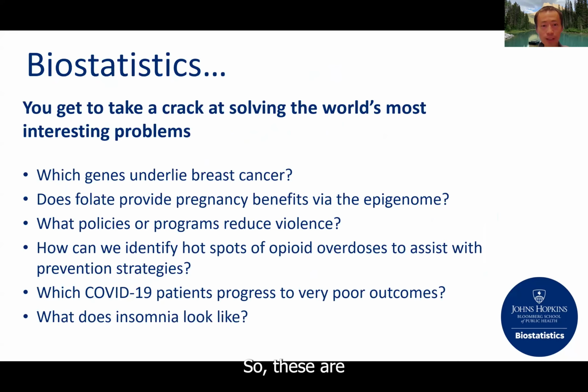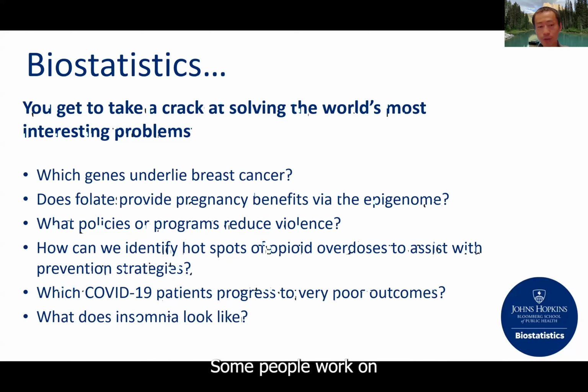Okay, so these are some examples of the problems we are working on in this department. For example, some people work on which genes underlie breast cancer, and how we can treat different tumors. Some people work on public health problems like whether folate provides pregnancy benefits via, say, the epigenome, like DNA methylation.